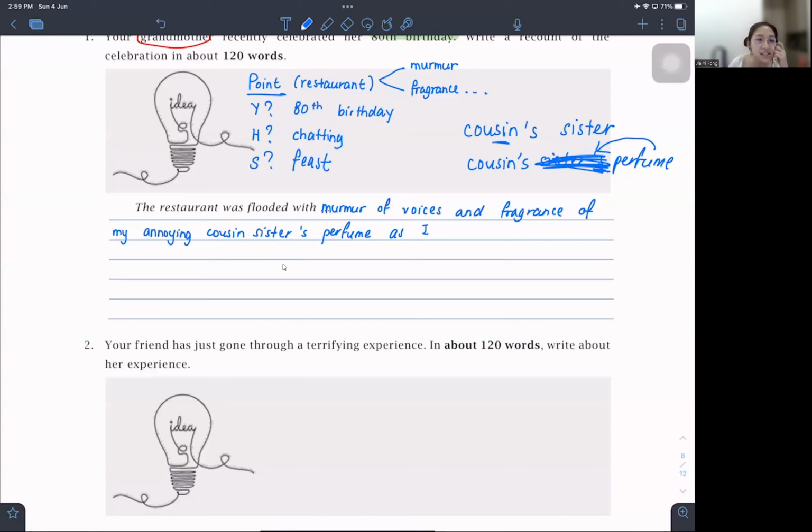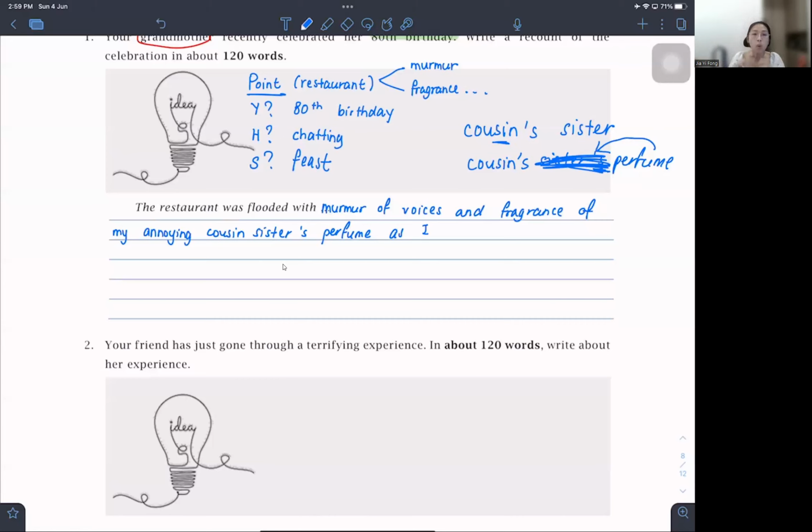Oh, I see that you guys are confused. Guys, if I write cousin apostrophe S sister, I'm referring to my cousin's sister. But when I write cousin sister apostrophe S perfume, I'm referring to my cousin's perfume.